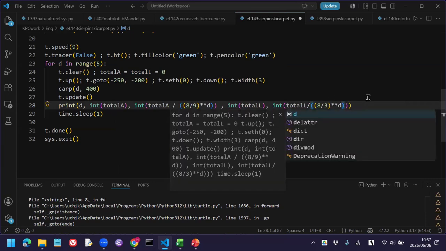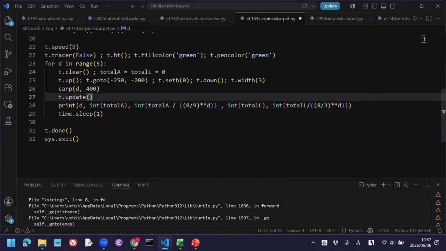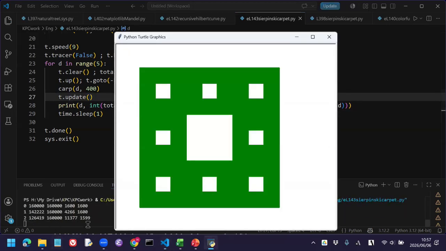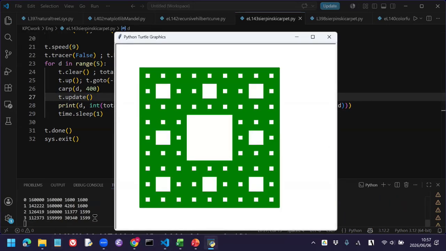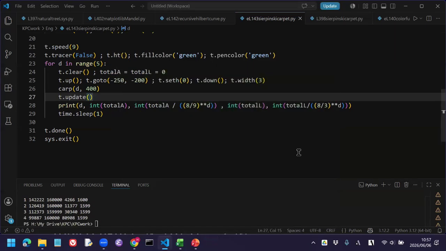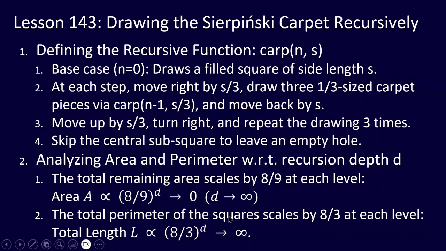Okay, let's take a look to see what it shows. Okay, yeah, it shows that the last number is also constant, showing that the total perimeter grows in the magnitude of 8 over 3.